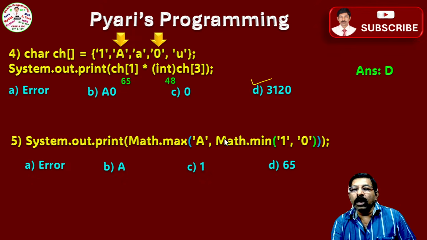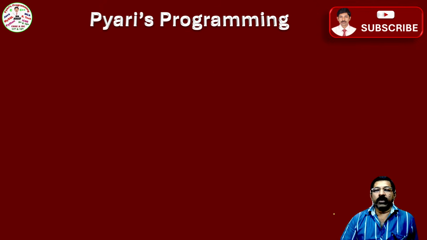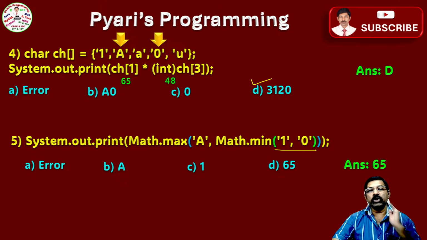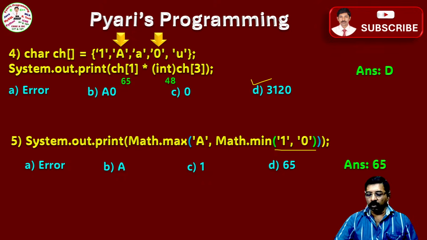Send me your name and class so that I can see and tell you about your answer also. So the correct answer is 65. Then how is it 65? Math.min. Out of these two, which one is minimum, 1 or 0? Already explanation is available. I don't need to explain, I think. Yes. Somebody has given an answer, I'm ignoring it. So tell me your name so that I will not ignore your answer.